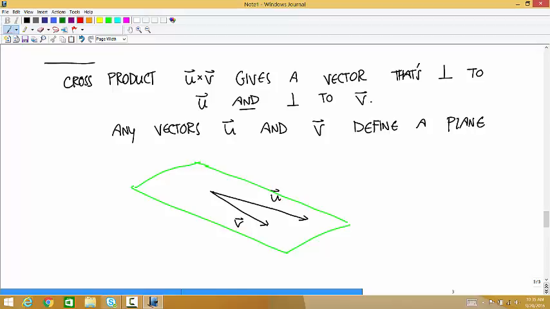And the cross product is a vector that's perpendicular to that plane. So there are two possibilities for vectors perpendicular to that plane. One that way, and one that way. The cross product follows the right-hand rule. So if you're taking U cross V, you put those two tail to tail, your hand goes through the rotation, your thumb tells you the direction of the cross product.